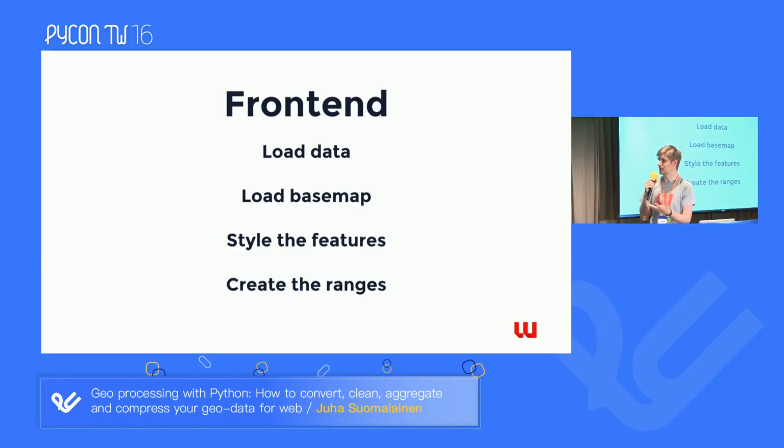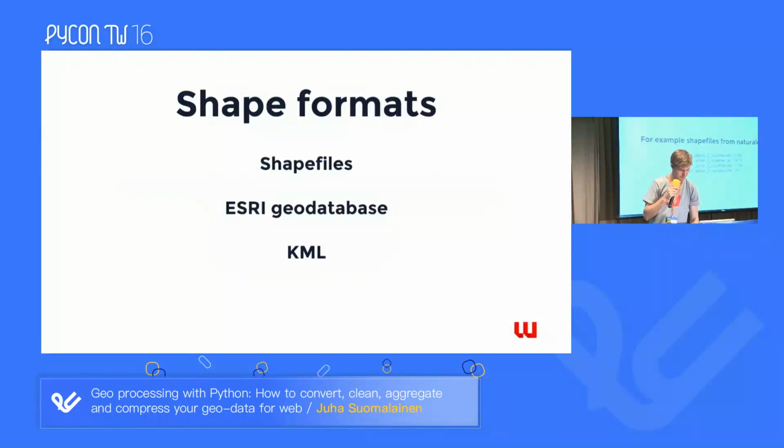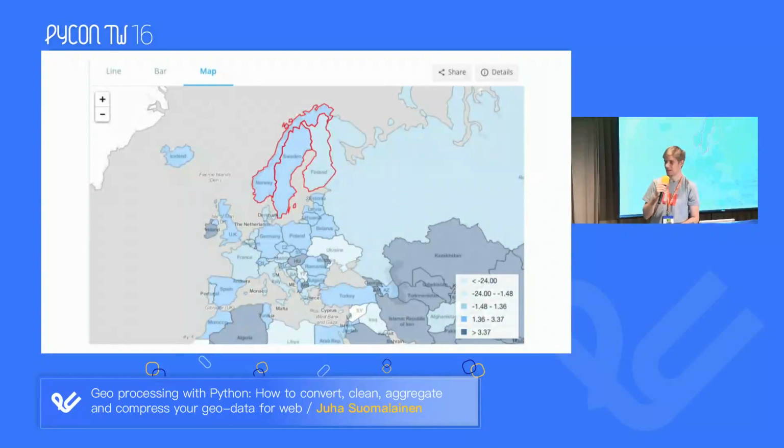Then for a choropleth, you style the features. You have to decide what the color of each feature is and what the border styling is. For a choropleth, you use the data values to decide the colors. And then you have to create the ranges. As I showed earlier, on the top bottom, you can see the user has to have some kind of context on what dark blue means and what white blue means.